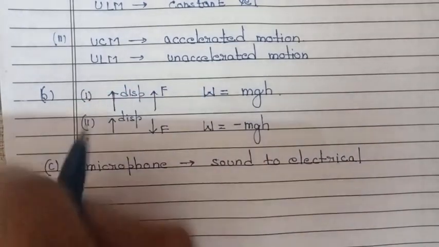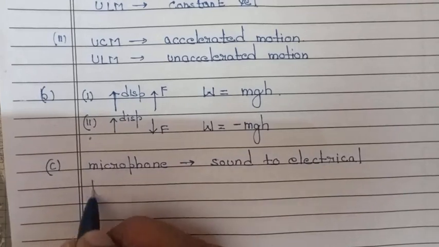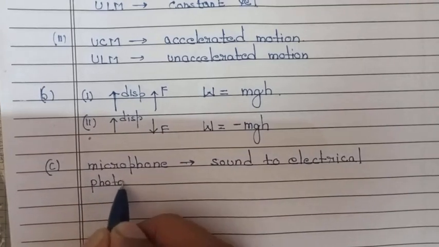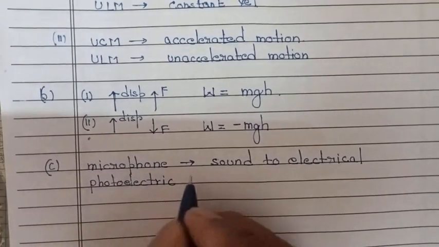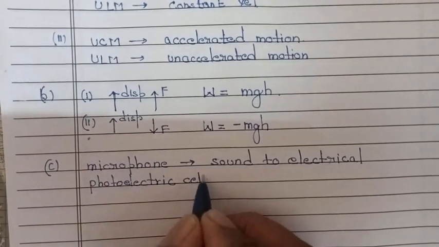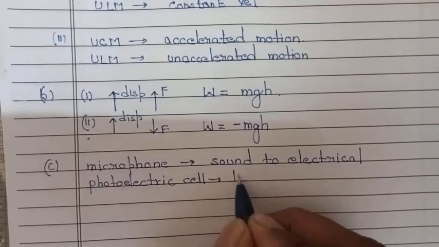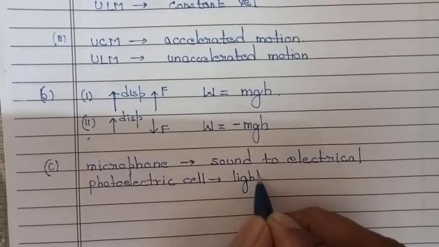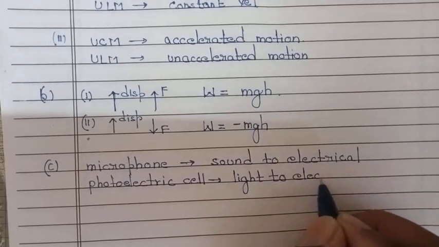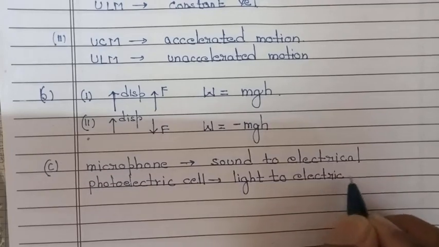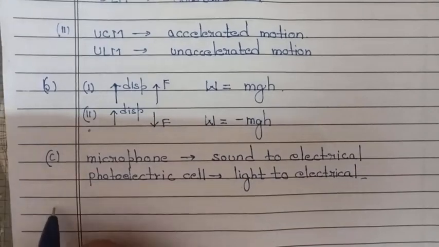Okay, the second part is the energy conversion in a photoelectric cell. In a photoelectric cell, light energy is converted to electrical energy. So this will be the solution for the C part.